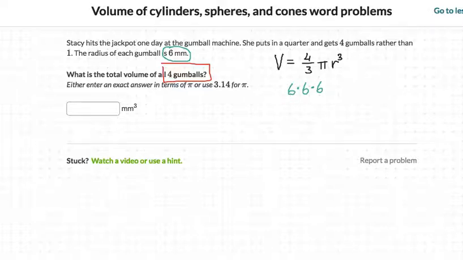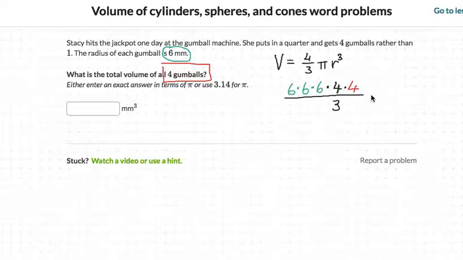We can also see that we've got 4 over 3 that we have to multiply here, so that's times 4 and divided by 3. And then finally we're going to multiply this times 4 for the 4 gumballs.